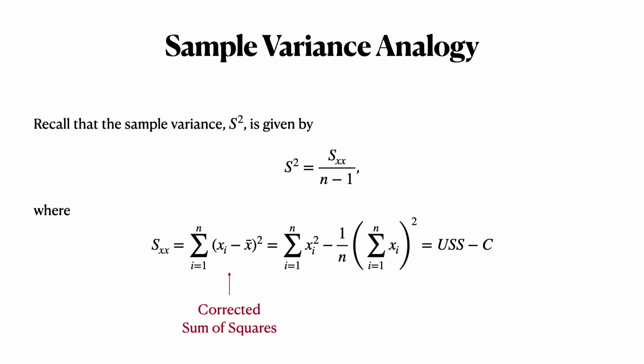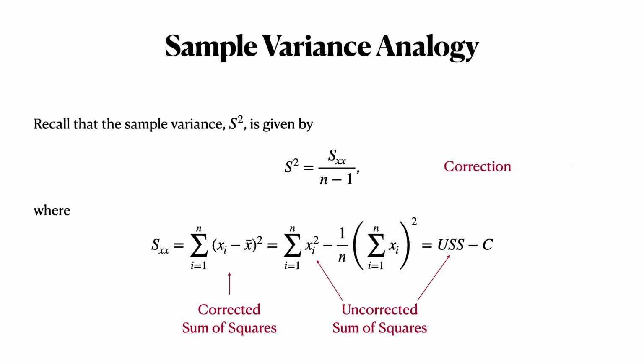Now, the corrected sum of squares can be decomposed into a shortcut formula, or what we might call a computational formula, that is typically easier to use. And that computational formula consists of the uncorrected sum of squares, so the sum of the squared x values, which we can also represent as USS, uncorrected sum of squares.